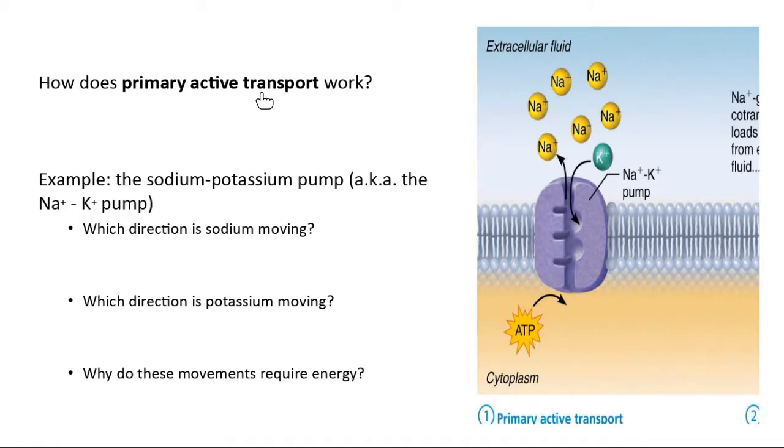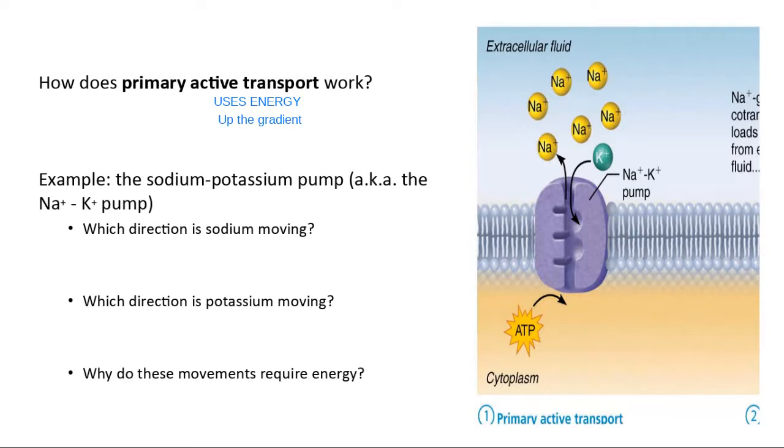When we use that word active transport, what does active mean? What are some of the ideas that come with active transport? Yeah, Regina hit a really important one. It uses energy, absolutely. And it uses energy because we're going up the gradient, up the gradient.